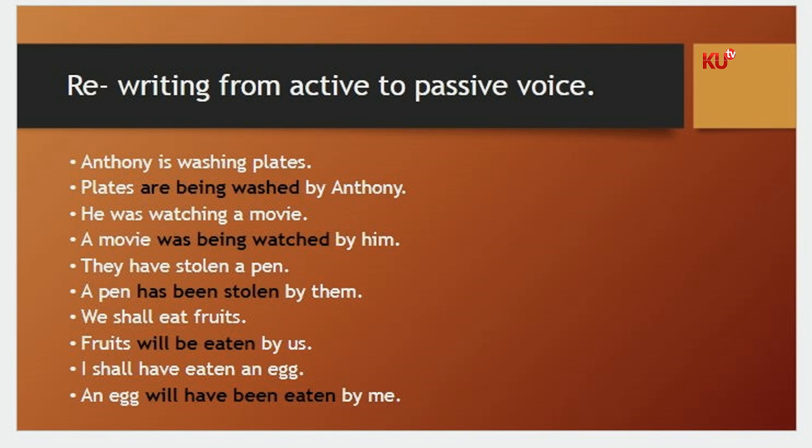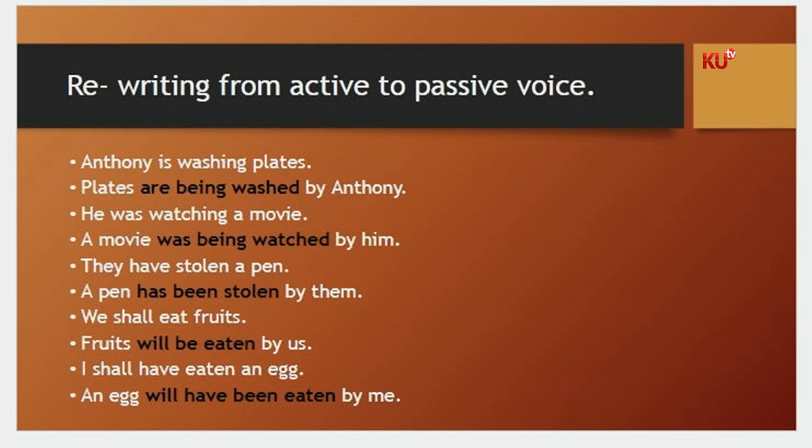So we have our order: we start with the object, then we finish with our subject, and we change our verb to past participle form. The past participle of watching is watched.